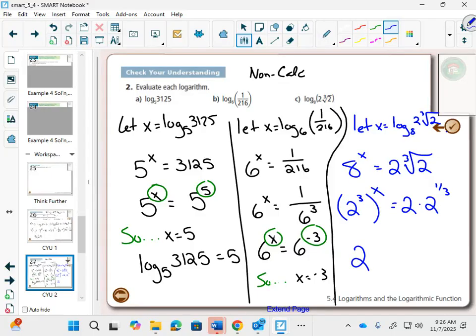Add, subtract, multiply, divide. Power to a power. What's the exponent law if you have the same bases? This is 2 to the 1 and that's 2 to the 1/3. You add them. You add them. 1 plus 1/3 is 4/3.